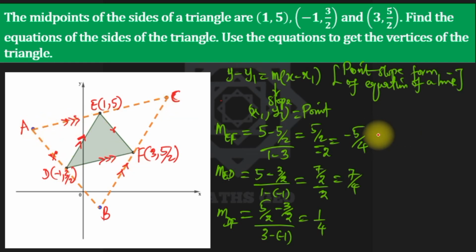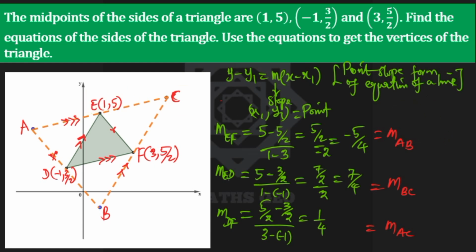The slope of EF is the same as the slope of AB, the slope of ED is the same as the slope of BC, and the slope of DF is the same as the slope of AC, by the mid-segment theorem.